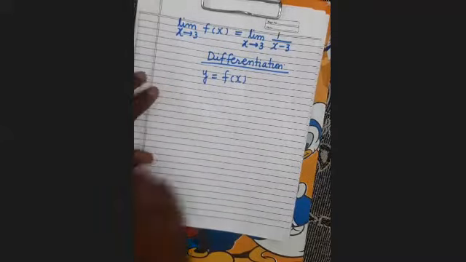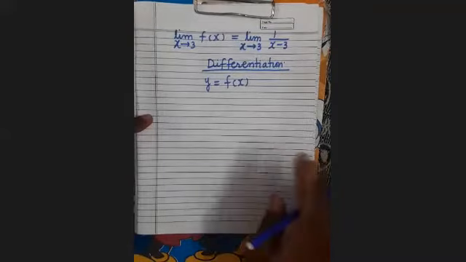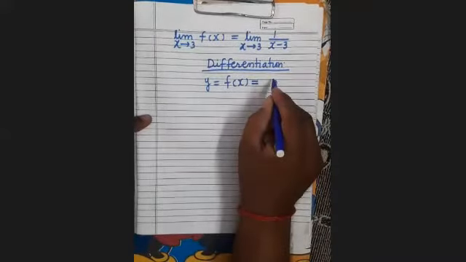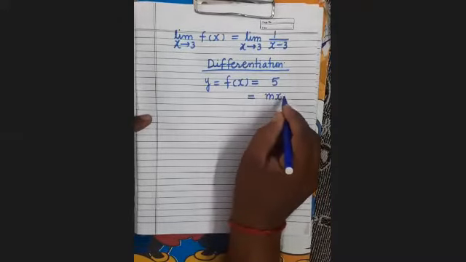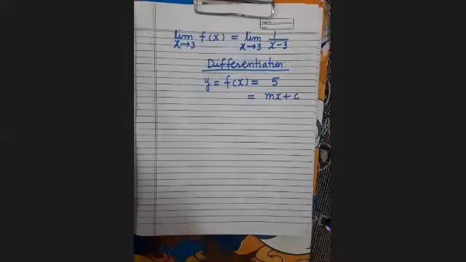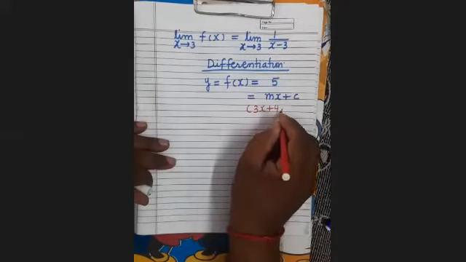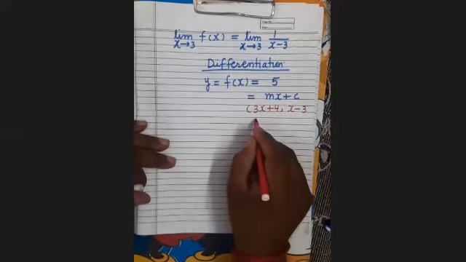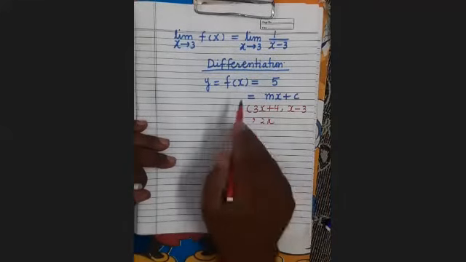There is some function y equals f(x), and here f(x) may be 5, f(x) may be like mx plus c. mx plus c means it may be 3x plus 4, it may be x minus 3, it may be 2x, anything it can be. It's clear?